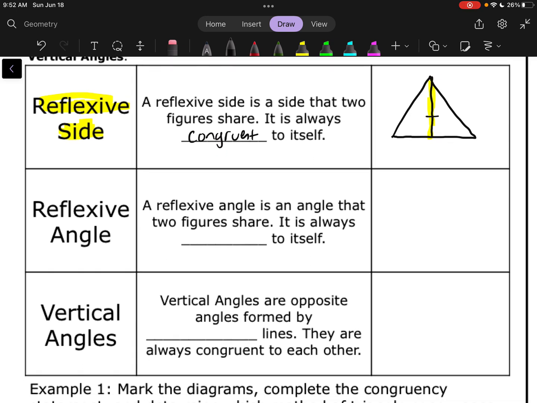A reflexive angle is very similar. It is an angle that 2 figures share. So if I've got maybe something like this.